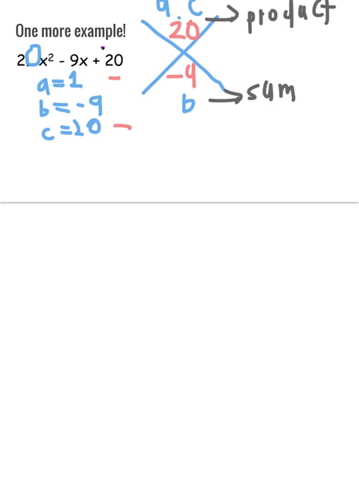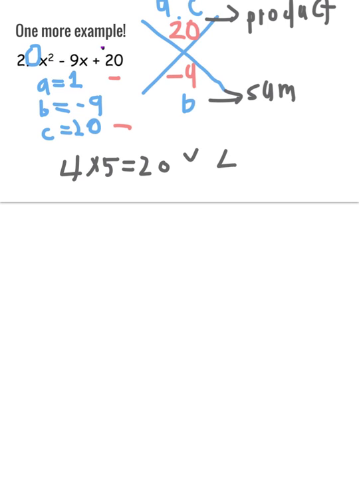So I'm going to try to think of some possible numbers. Okay, how about 4 and 5? 4 and 5 definitely gives us 20 when we multiply, but not so much -9. Why not?